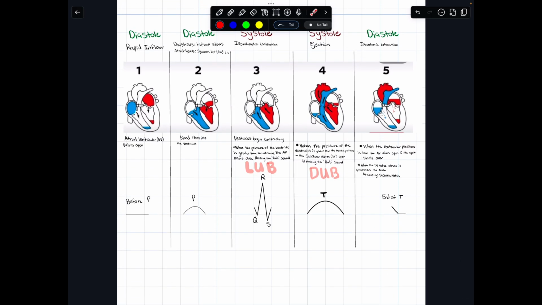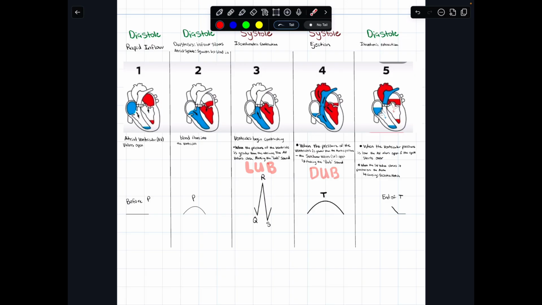And so the first thing that happens is we get a rapid inflow right here. And that's just when the pressure in our atrium gets so much that the AV valves open, and that allows the blood to come in. And that's a rapid inflow.